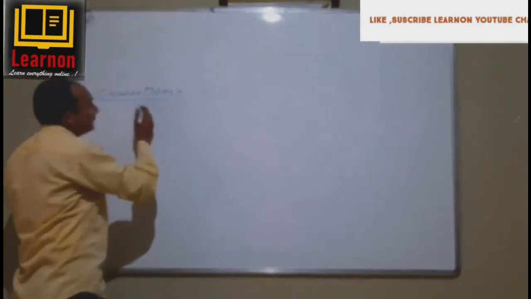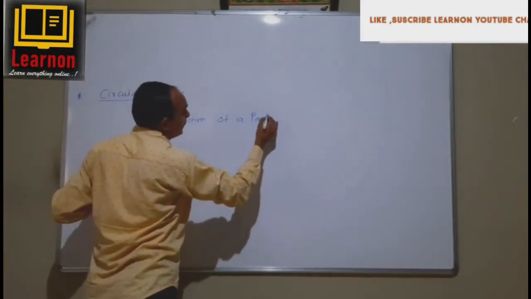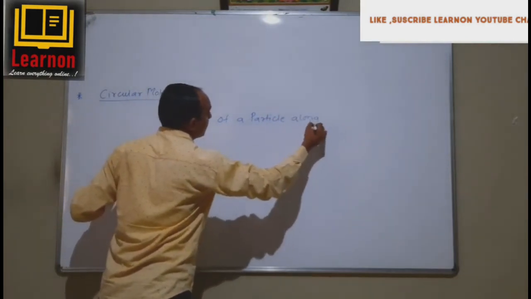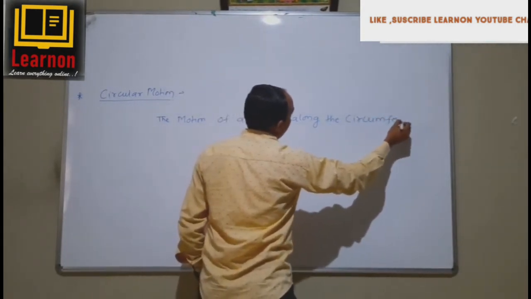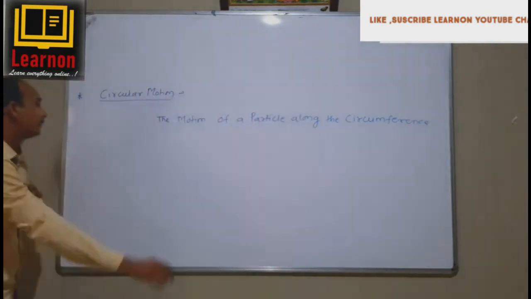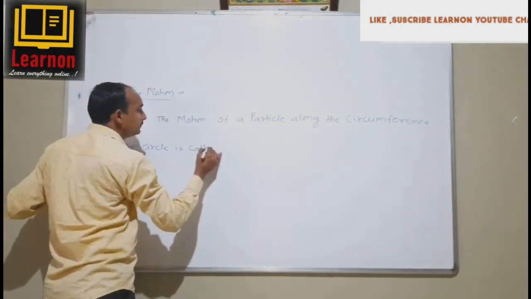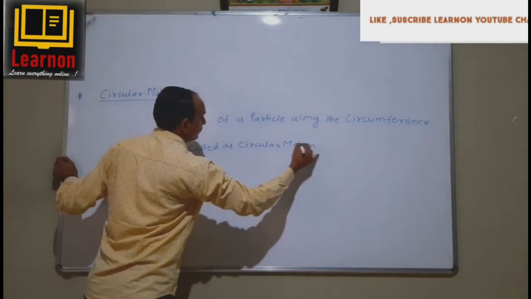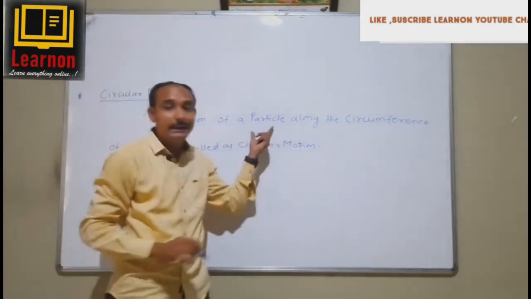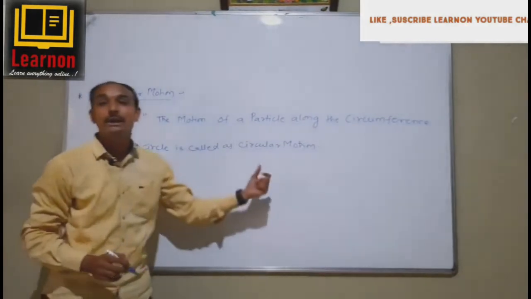So let's make the definition: the motion of a particle along the circumference of a circle is called circular motion. I am talking about a particle.